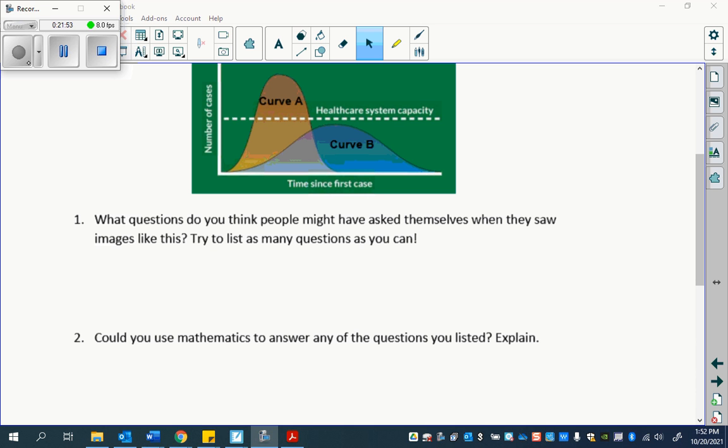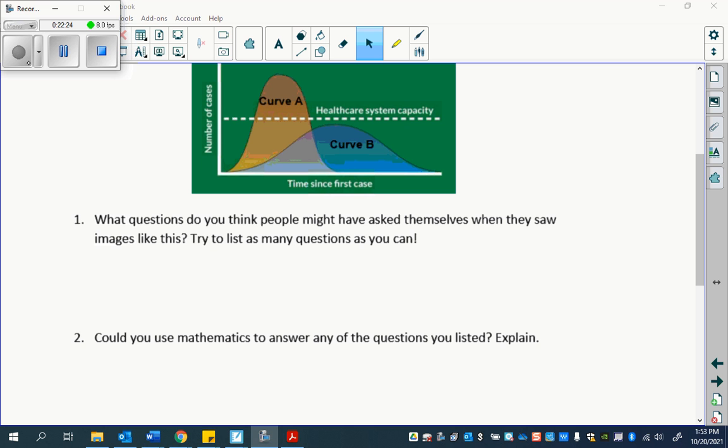But go back even more, go back 18 months ago, none of us really knew what we were in store for. I mean, can you imagine all of us sitting here with these masks on our faces? Can you imagine all of the restrictions and rules? You know, so when you talk about what questions do you think people might have asked themselves when they saw an image like this, what questions do you have?